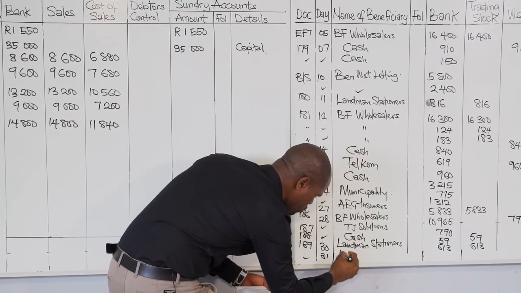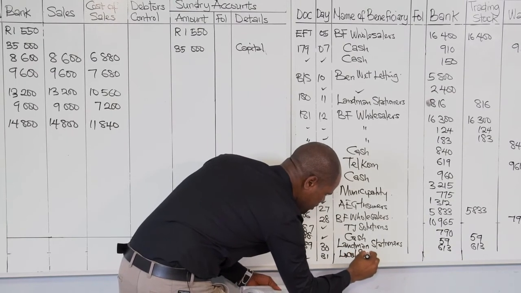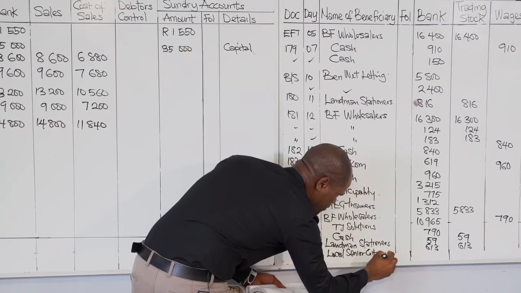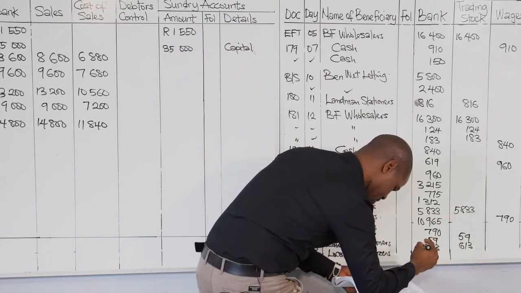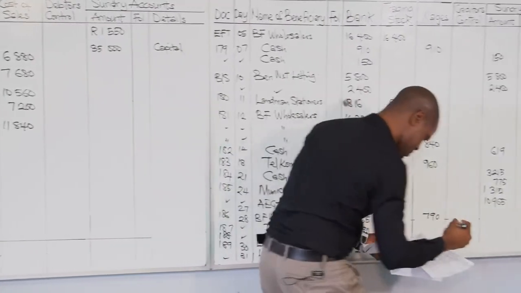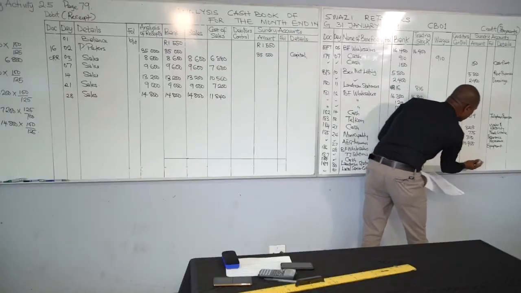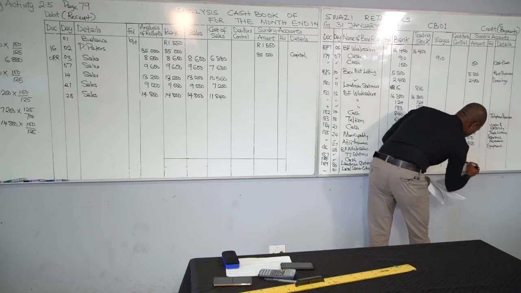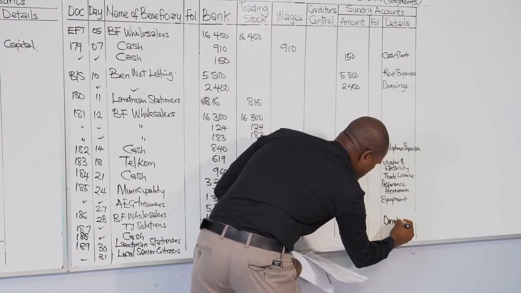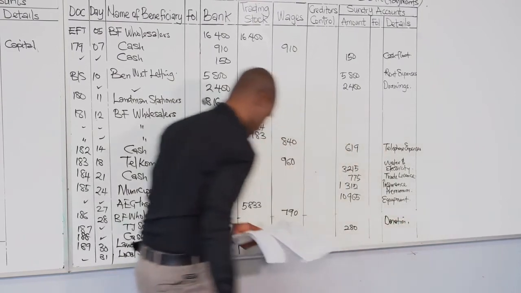It's going to be local senior citizen home. The amount is 280, and it goes into sundry account 280. And then here the remark, which is the detail, is going to be donation.